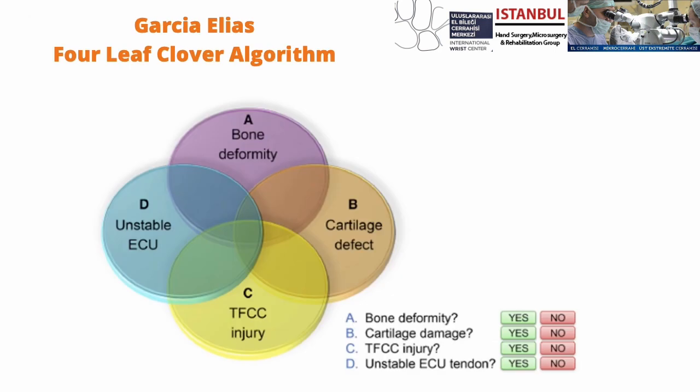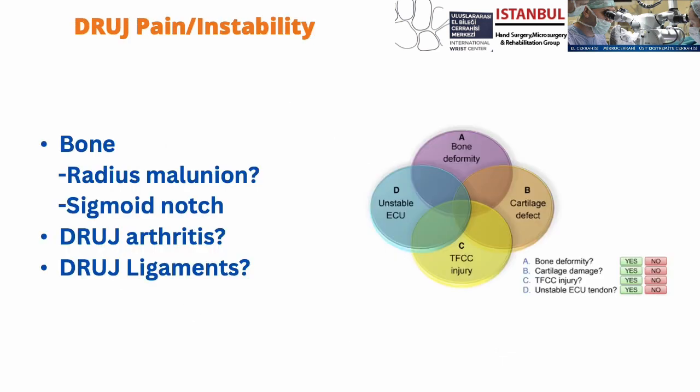Garcia Elias described the four-leaf clover algorithm concept in managing DRUJ instability. Is there any bone deformity, cartilage damage, TFCC injury, or unstable ECU tendon? Bone deformity can be caused by distal radius malunion or abnormal sigmoid notch morphology.